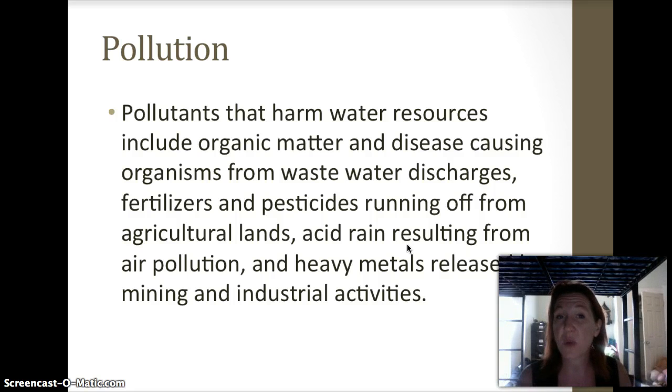The other is acid rain, and this is a result of air pollution. So smog and things put things in the air, and then we have a problem with acid rain that also affects our water negatively. And then heavy metals. These are accidentally put into our water system because of a lot of the mining and industrial activities that we do.